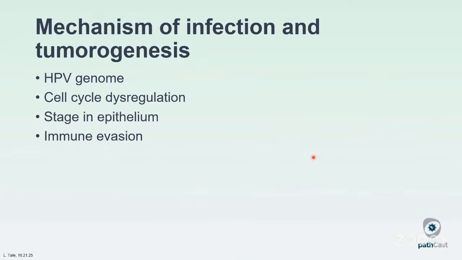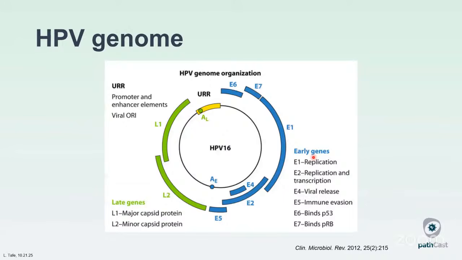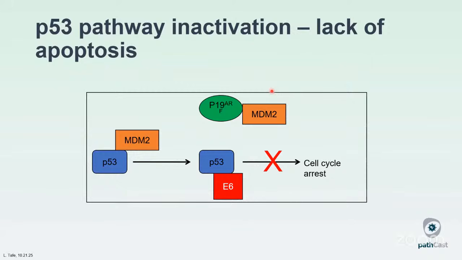So in terms of the mechanisms of infection and tumorigenesis, they, again, like many others, lead to cell cycle dysregulation and live particularly in the epithelium. And so the viral genome is important to be a little bit familiar with. We do have early genes, and then we have late genes, which encode for the capsid proteins. But the E6 and E7 oncogenes are really the important ones for viral integration and viral effect.